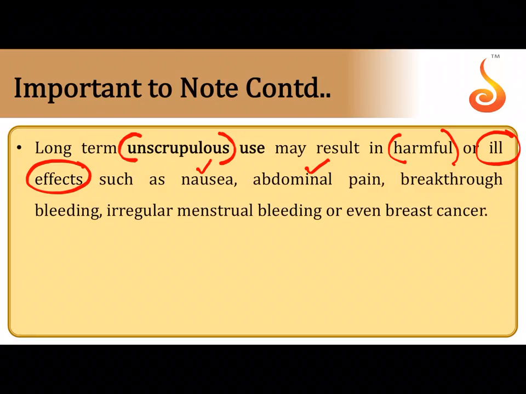It can cause nausea, abdominal pain, breakthrough bleeding, sudden bleeding with excessive blood loss, and irregular menstrual bleeding. The menstrual cycle may become highly irregular.